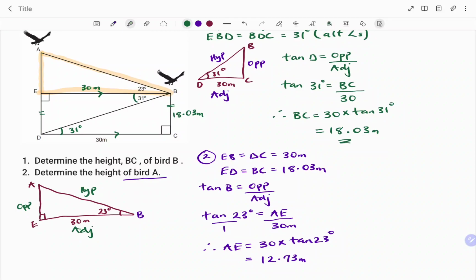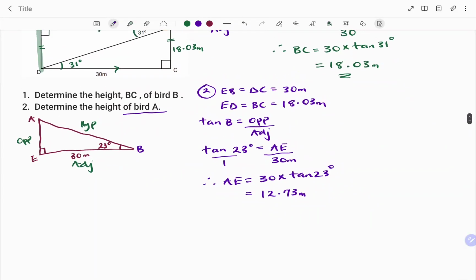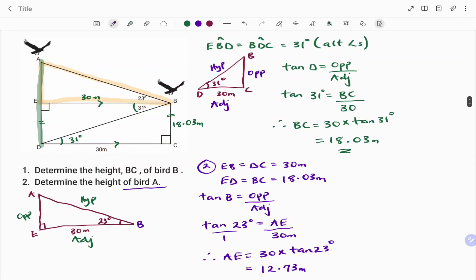Therefore, to find the height of the bird A, I have the total distance, but A has a total distance of AD as shown. So therefore, I have AD equals AE plus ED as shown in the diagram.